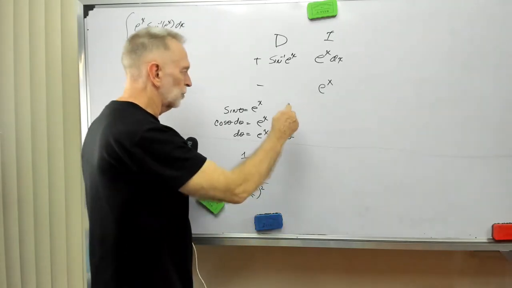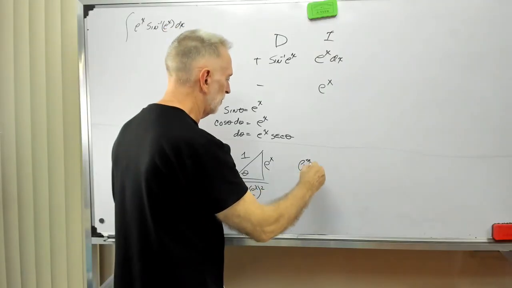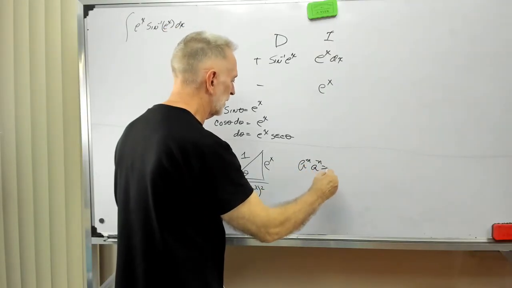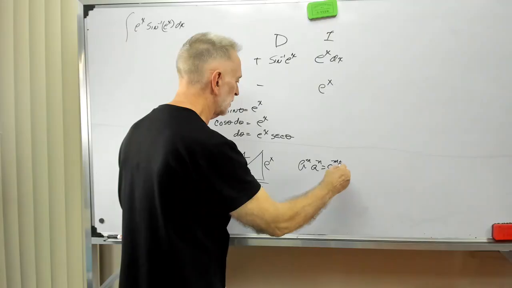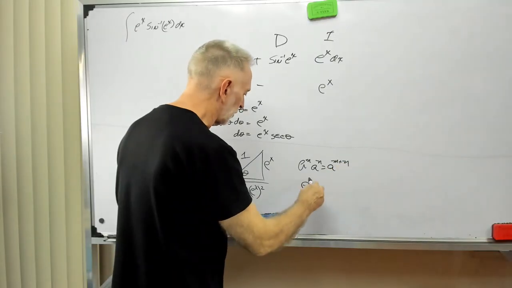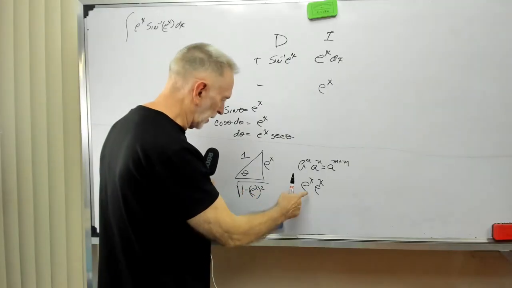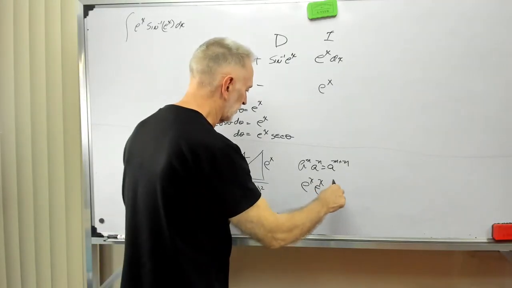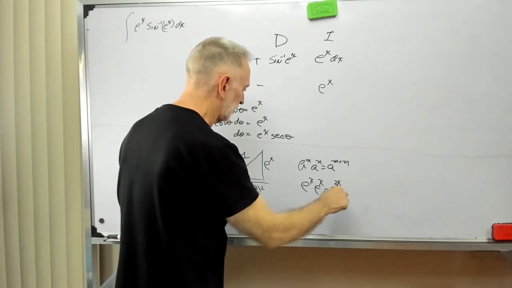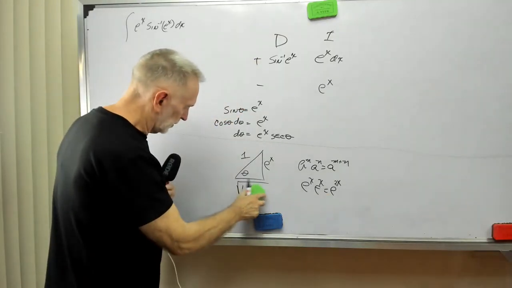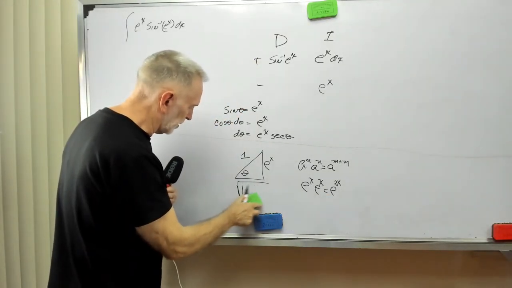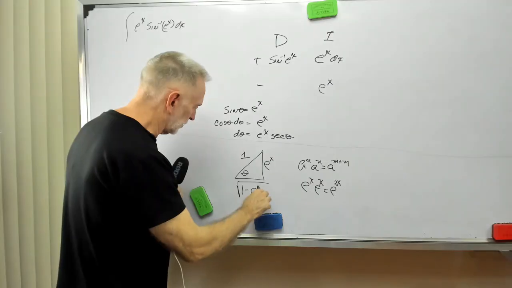Now we have another rule here: a to the m times a to the n equals a to the m plus n. So e to the x times e to the x, that's e to the x squared, equals e to the x plus x, which is e to the 2x. So this becomes e to the 2x.